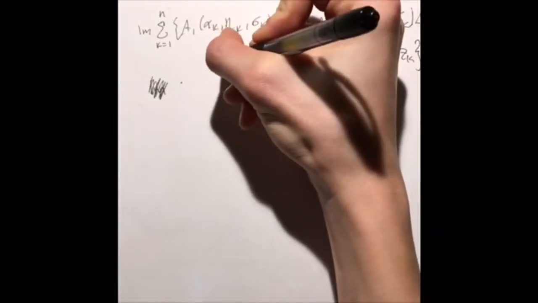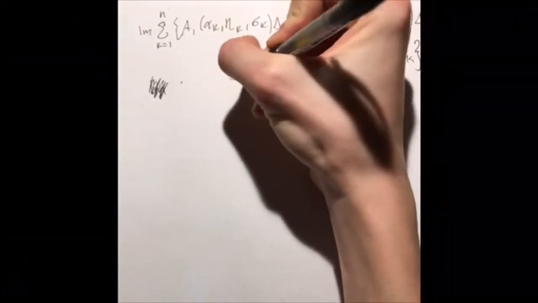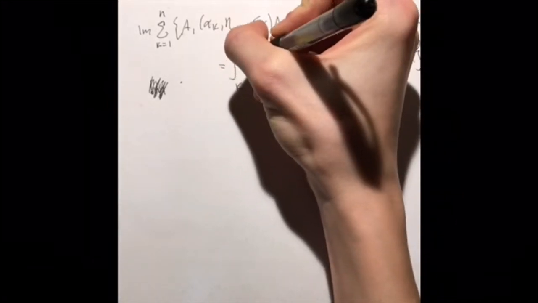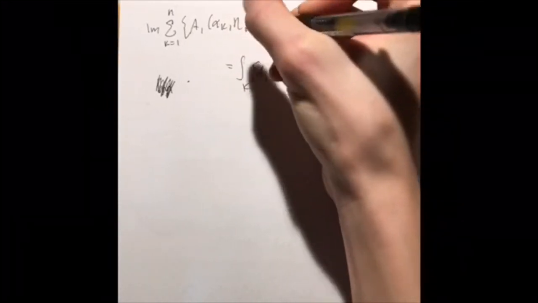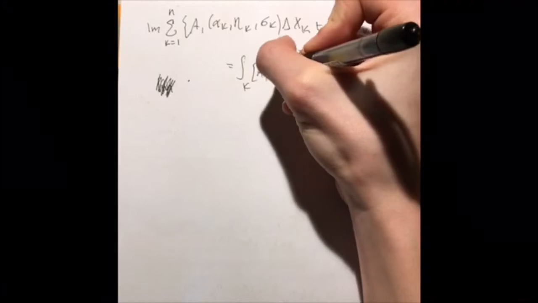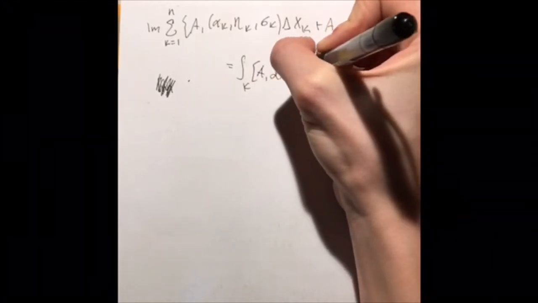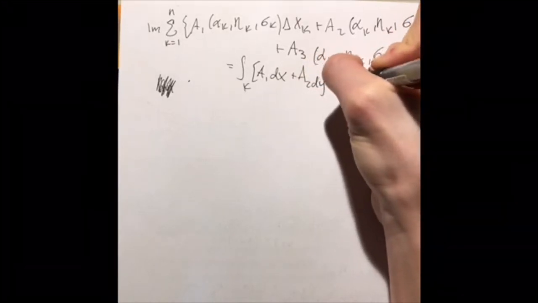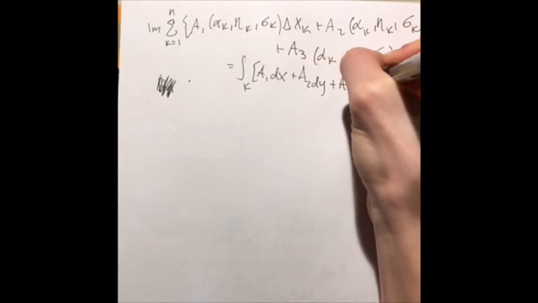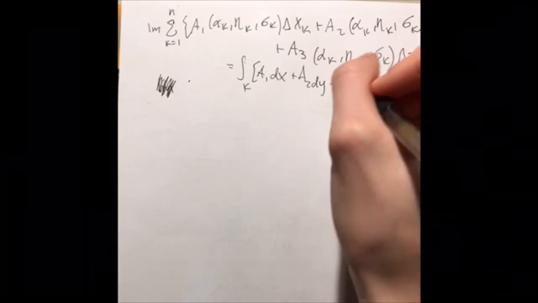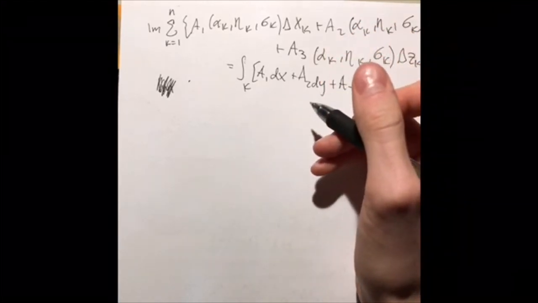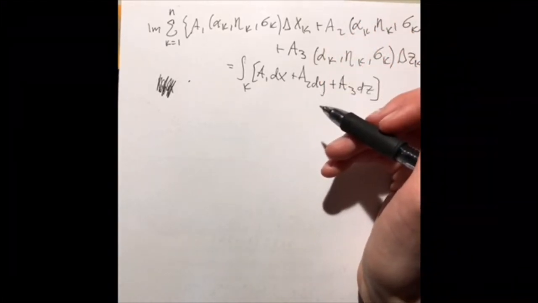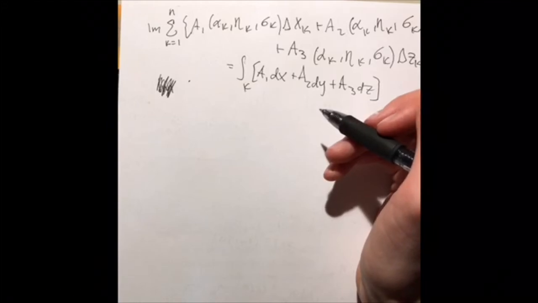This is equal to the integral over K of capital A1 dx plus capital A2 dy plus capital A3 dz, where capital A1, capital A2 and capital A3 are functions of x, y and z.